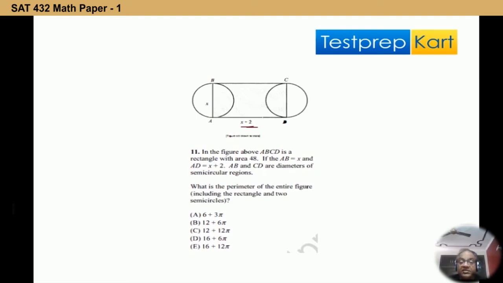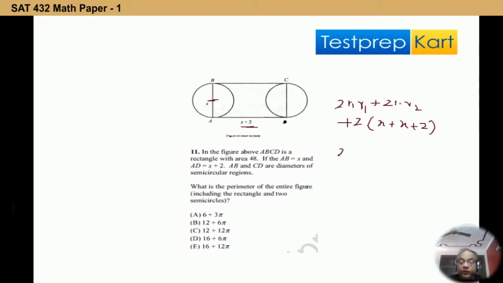that's a circumference of these two circles, which is actually 2 pi r1. Then circumference of this circle that gives me 2 pi r1 plus 2 pi r2, and plus perimeter of this rectangle, right? Perimeter of the rectangle will become 2 times x plus 2. Now 2 pi r1, for this particular circle, r1 is actually x by 2.